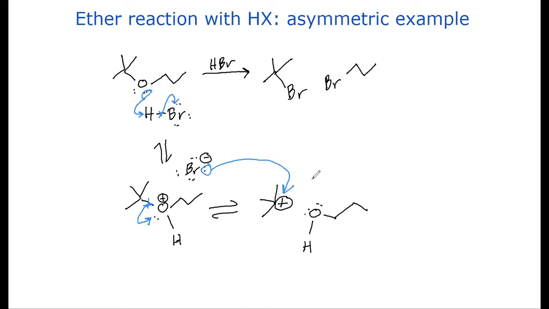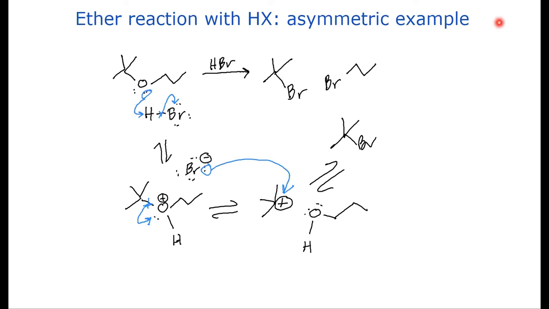A carbocation is formed. That gives us our first product, and it also gives us the alcohol resulting from the ether breaking off with the less substituted group, the one that would not form a carbocation well. The alcohol then goes on to react with an additional equivalent of HBr to produce the second product.